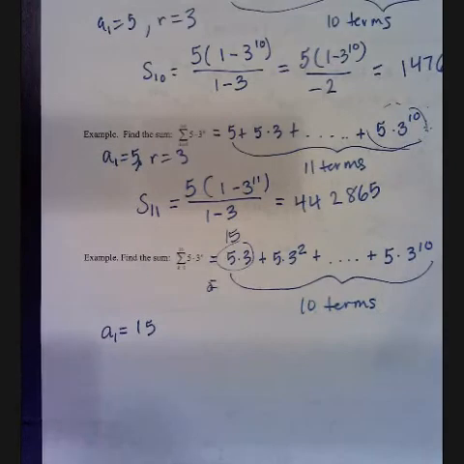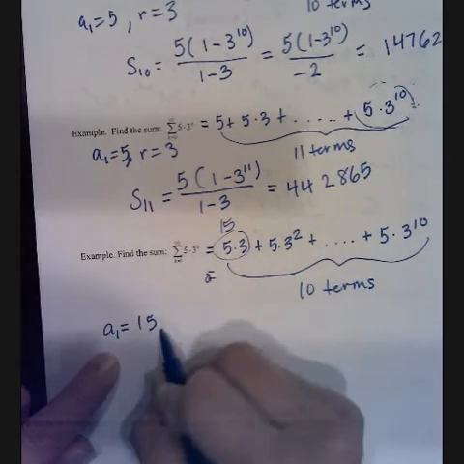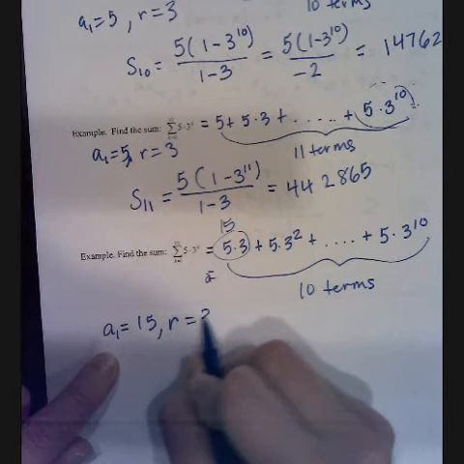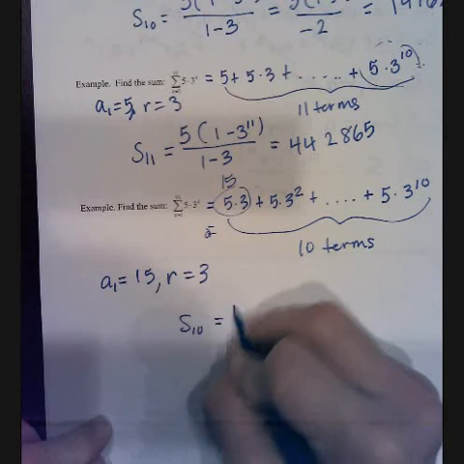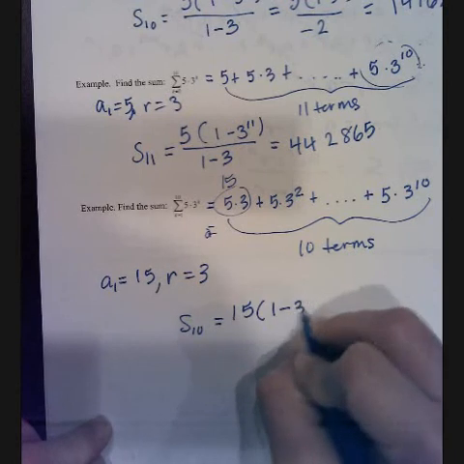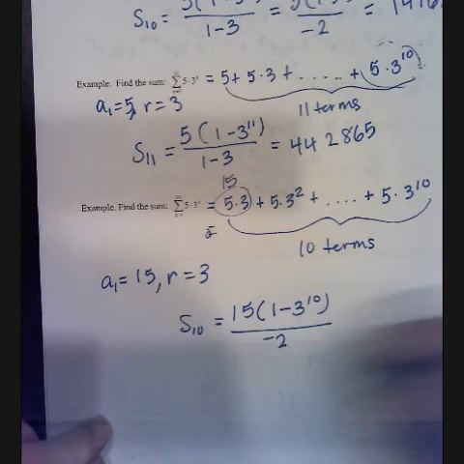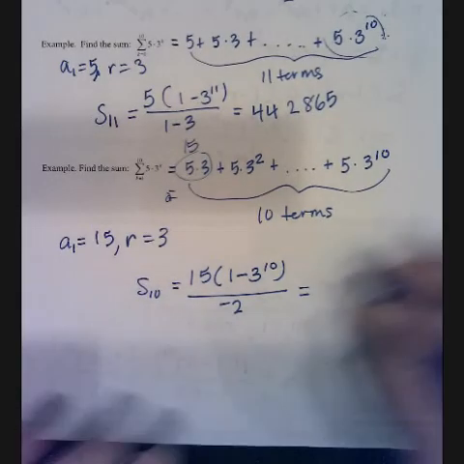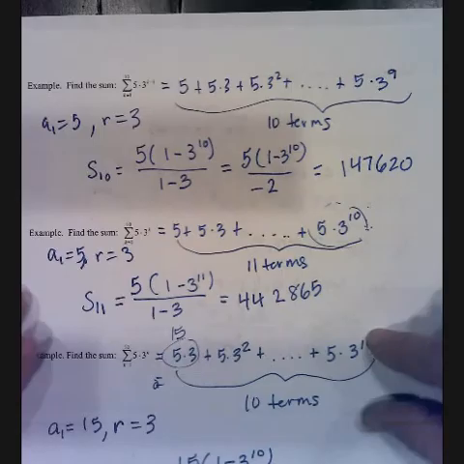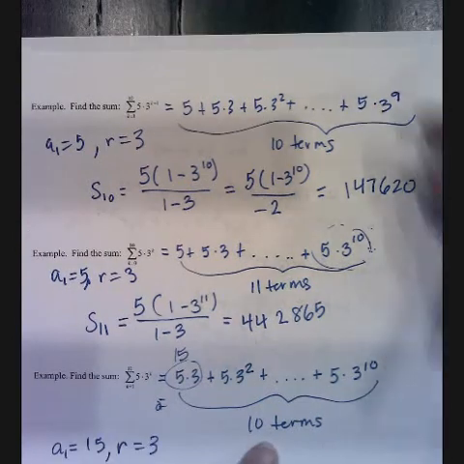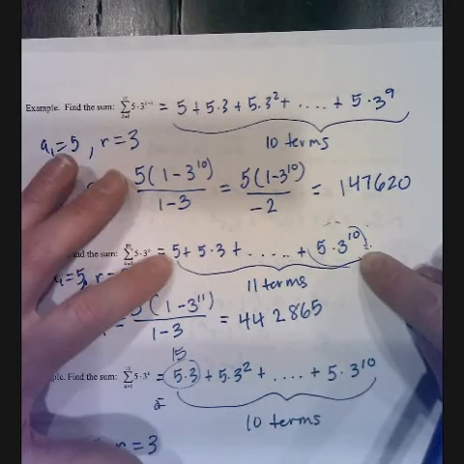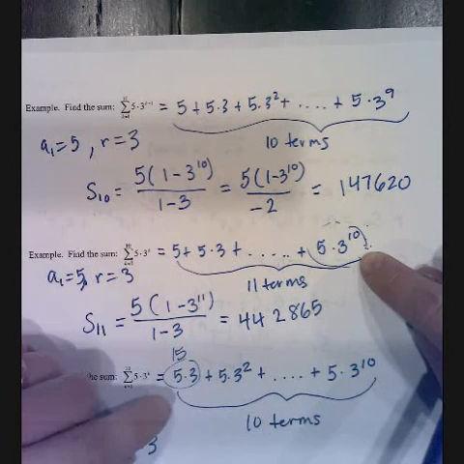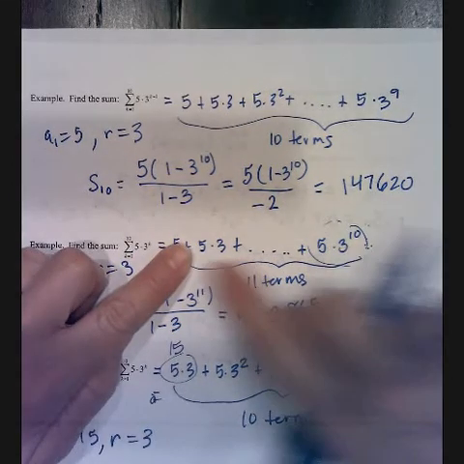All right, and the last one, A sub 1 is 15 and R is again 3. So S sub 10 is 15 times 1 minus 3 to the 10th over, again, negative 2, 1 minus 3. And if you compare this one to this one, notice this part here, these 10 terms are these 10 terms.